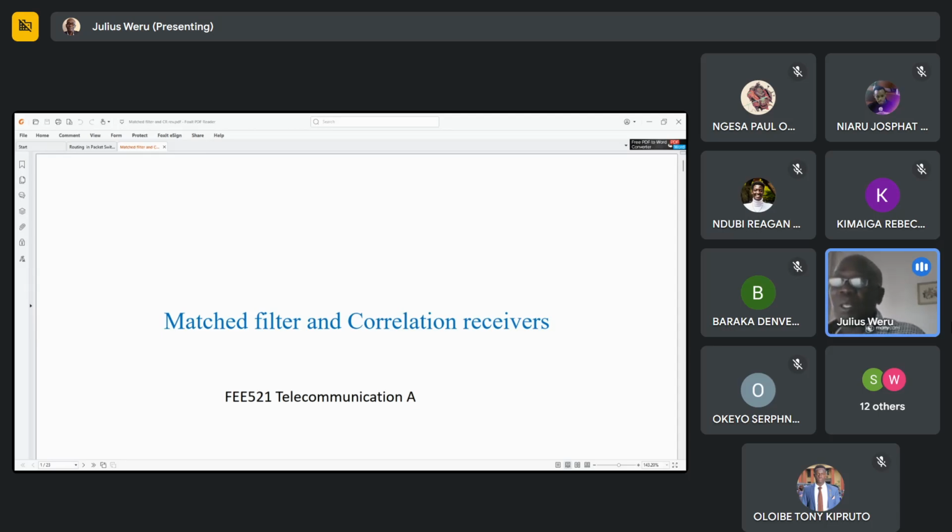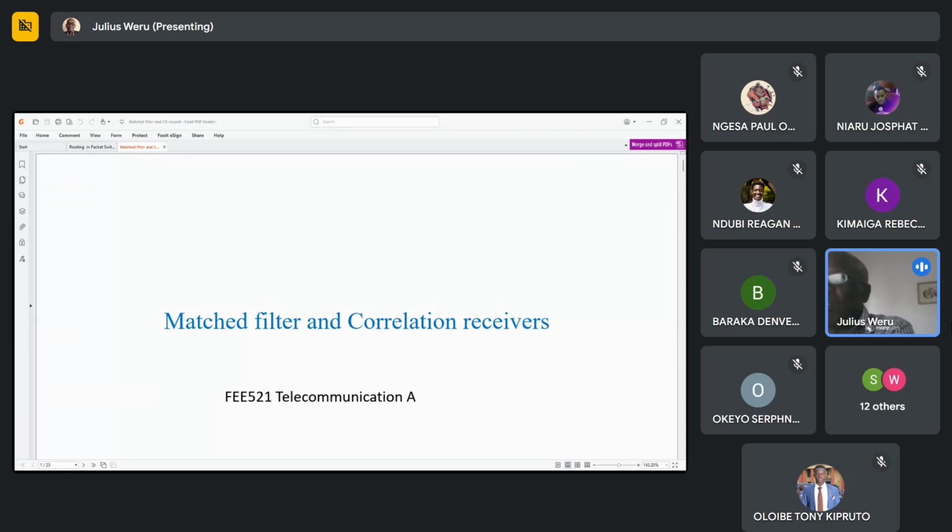If you know it represents a 1, then you are going to receive a 1. So you are going now to reproduce the stream of bits which was sent, which had produced the pulses at the transmitter.